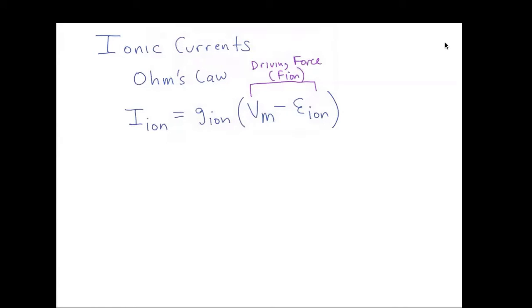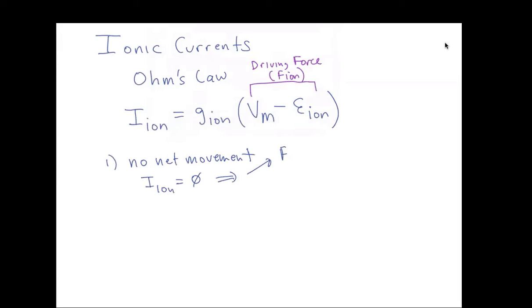Now, there's three scenarios that we can think about that could be happening in terms of ionic current. One is, what if we had no net movement of the ion? Well, we can think about it through the equation here. What that would mean is that the I ion equals 0, and that would be if, sort of, two possibilities.